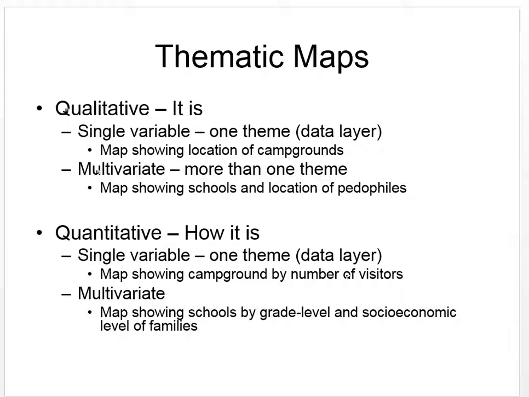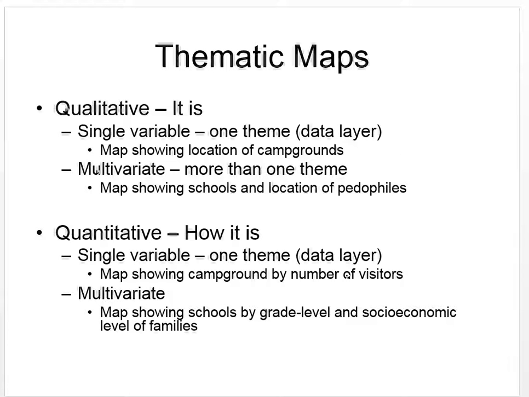Or you could look at a multivariate qualitative map, where you're showing the location of schools and the location of known pedophiles. So you have two variables on that. Or you're going to show maybe the location of yurts and the location of nice hiking trails.